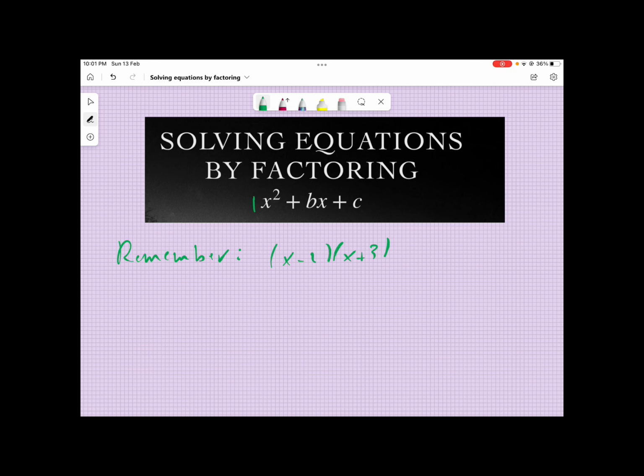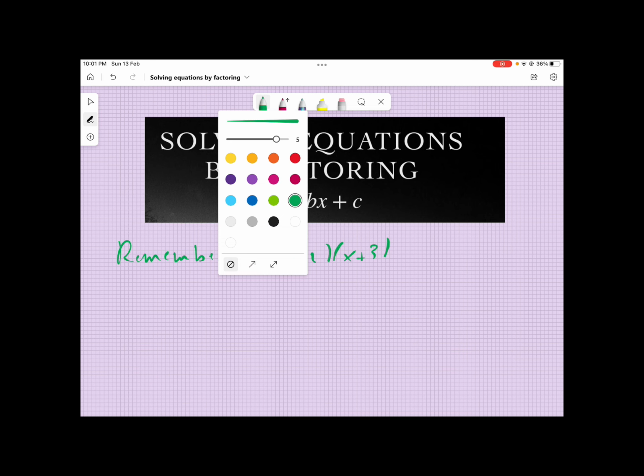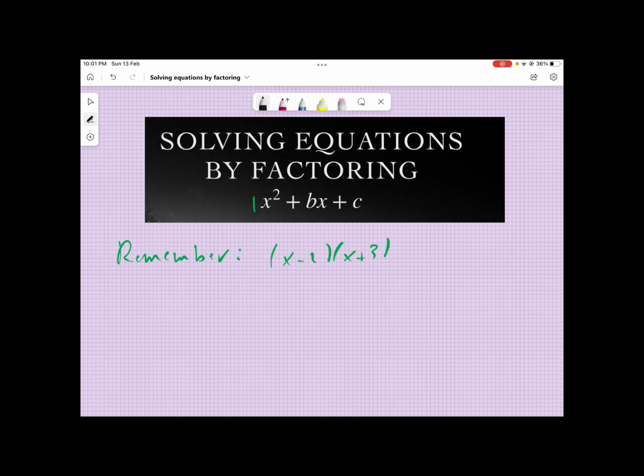Using FOIL, using butterfly. Actually, I prefer butterfly. So we're gonna multiply x by x, the first by the first, the first by the second, and the result is x squared.